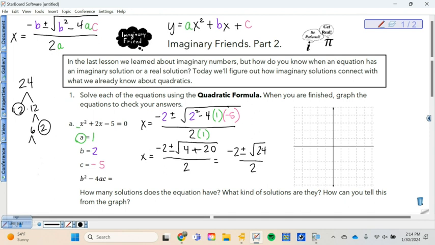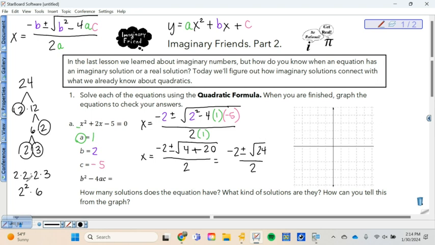What about 6? 3 and 2, right? So in other words, 24 is the same thing as 2 times 2 times 2 times 3. Or it's like 2 squared times 6. Okay, yes, I'll explain how this is actually connected.